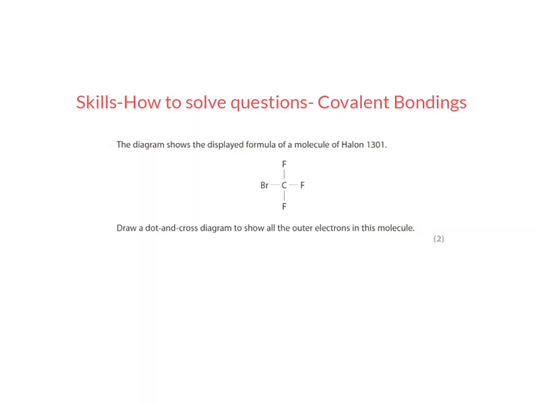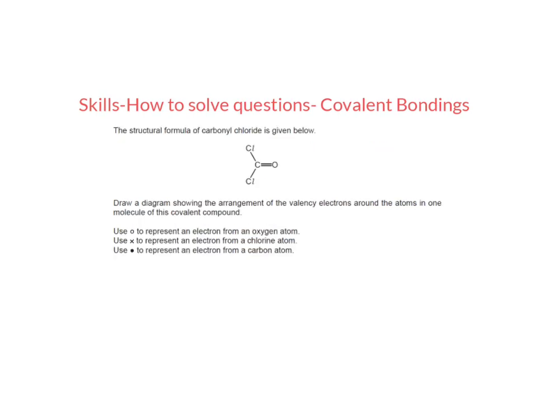Okay, now the next page. Exactly the same thing. This is again an L1 question, level 1 question. The structure is given. You just need to draw the electrons and put them there, and that will be your final structure. And then this is the question which is related to the key which is given.